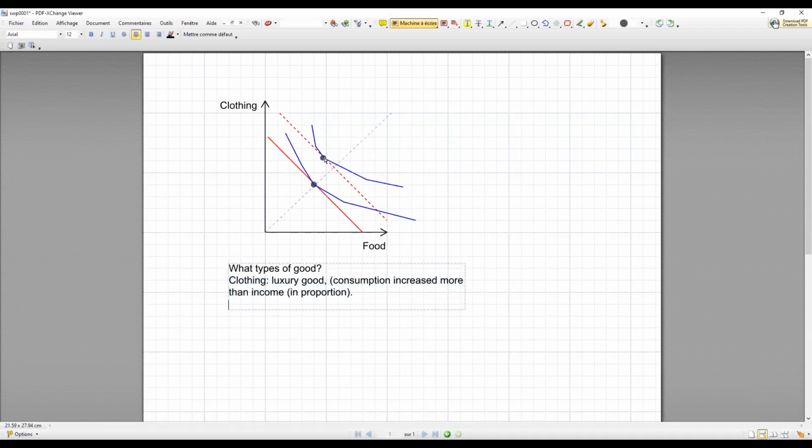And then food is a necessity: consumption increased less than income in proportion. And if they were exactly right there, it means that the elasticity would be exactly 1, so it would be just at the frontier between necessity and luxury. In that case, you would say that they're both necessities, I guess, but it doesn't really matter.